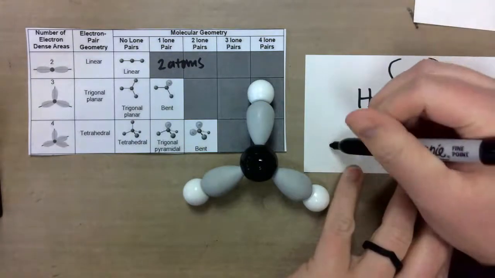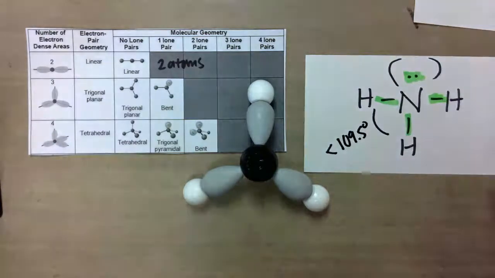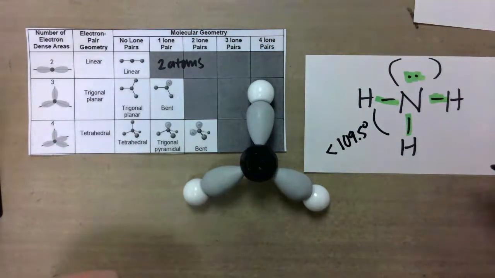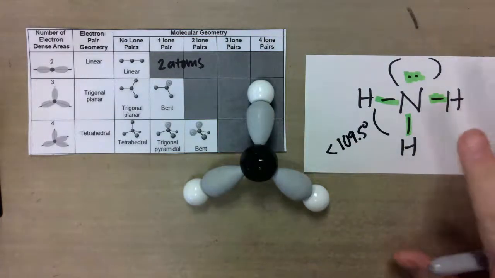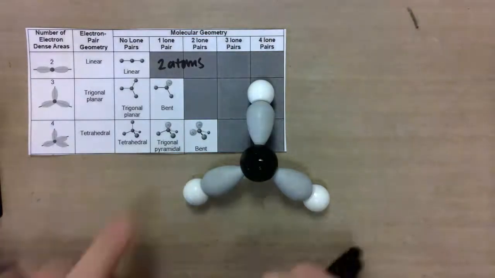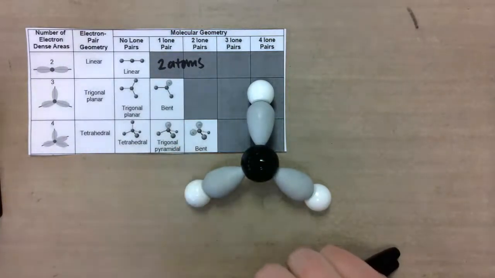So each of these bonds are a little bit less than 109.5. Now, I don't need you to know exactly how many degrees they are less than 109.5, but they are less than 109.5.